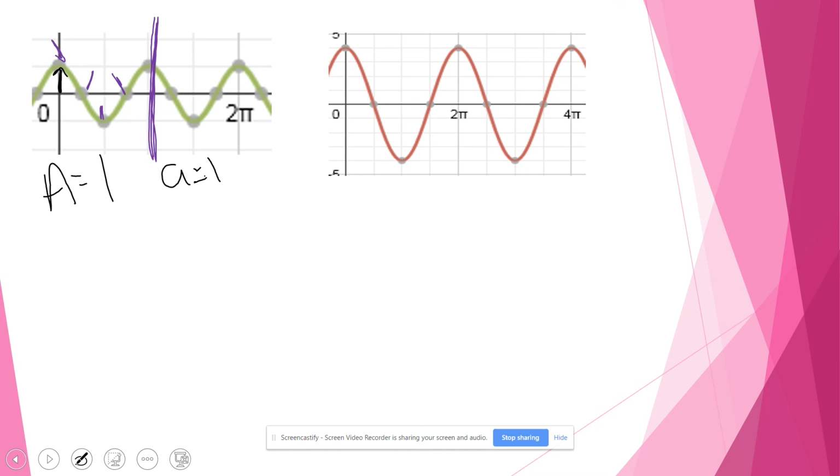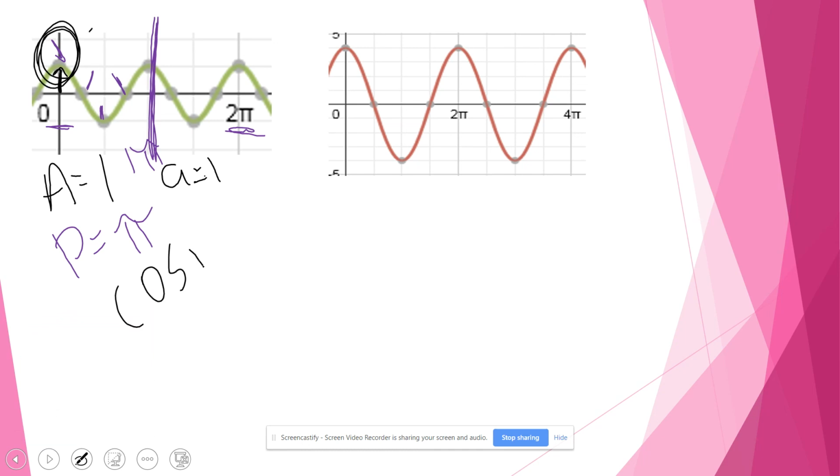So that is 1 period at this line. That line is halfway in between 2 and 0. So that's going to be 1 pi. And you can just write pi or 1 pi, that's up to you. And then this is not starting at 0, 0. So it is a cosine function.